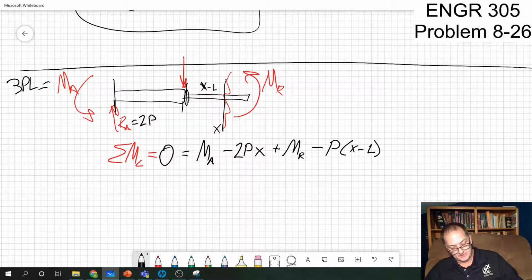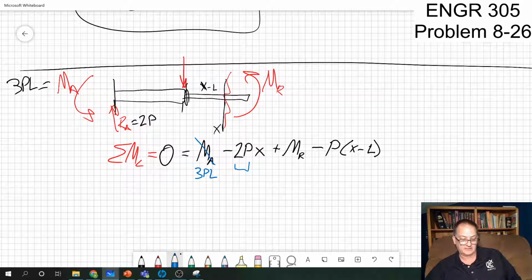Oh, what I didn't substitute in. Sorry, what I want to do is write that as 3PL, because this I've already converted over into P's. Okay? Integrate that twice.